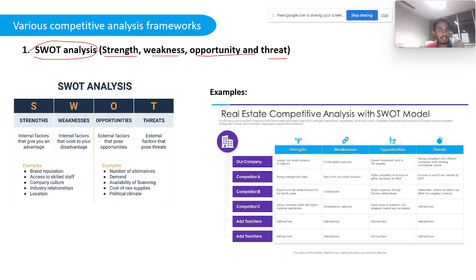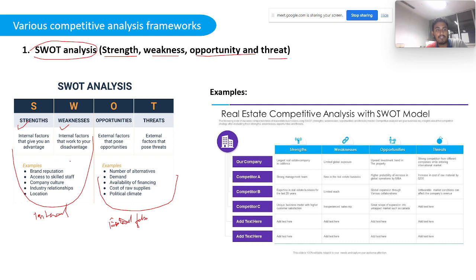Now, strength and weakness are internal factors to your company as well as to your product. So these are internal. And opportunities and threats are the external factors. That means when you have beautiful design, good navigation, all these are strengths. When you have bad service and poor manpower, those are probably the weaknesses inside your company.